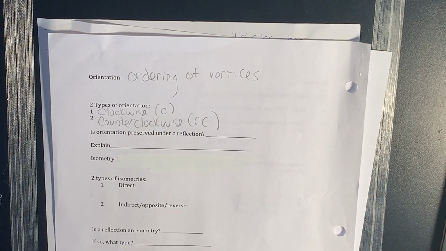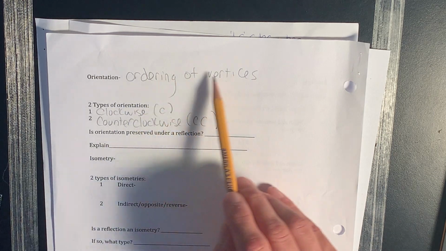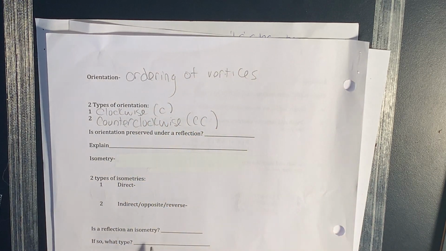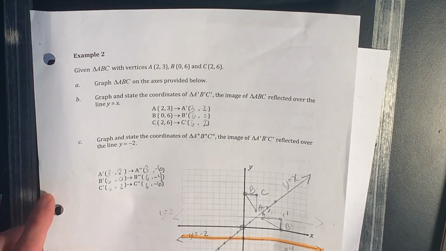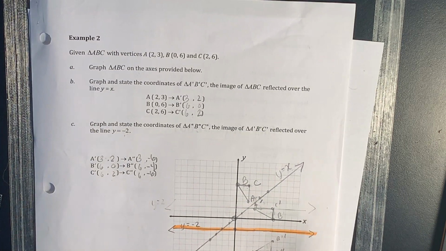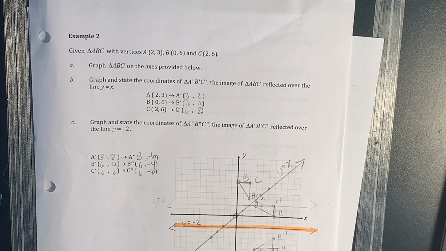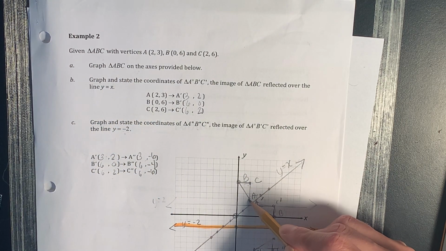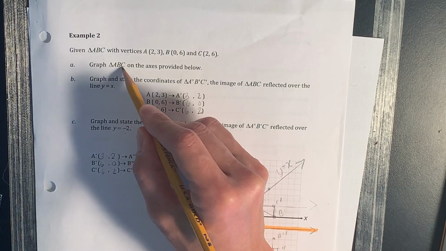Now, what we're going to do is we're going to go back and look at the ordering of our vertices and determine whether the orientation is clockwise or counterclockwise. So let's go back to our previous example. This is how you would find the orientation. We call the figure ABC. So you start in the order that they state the vertices.